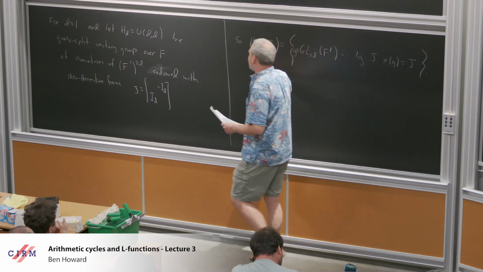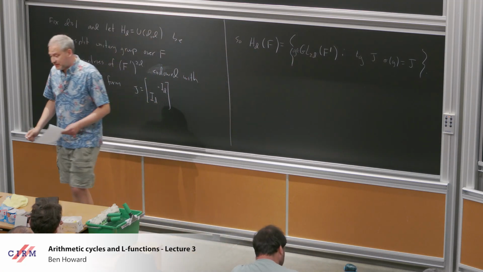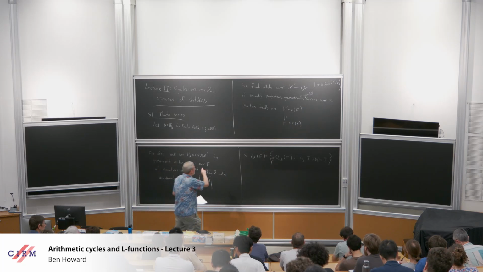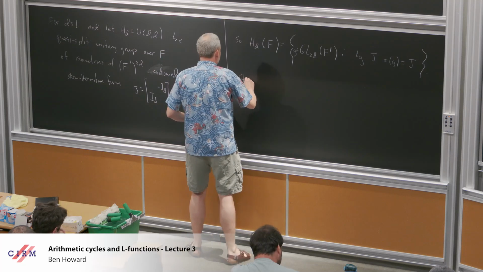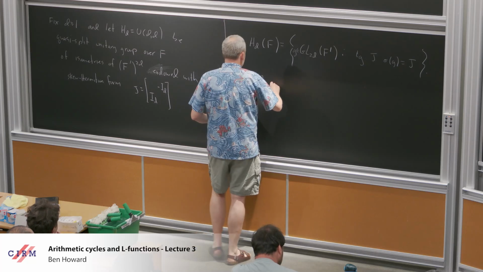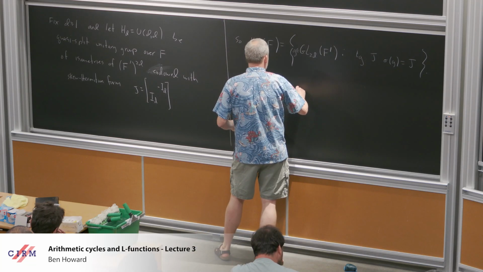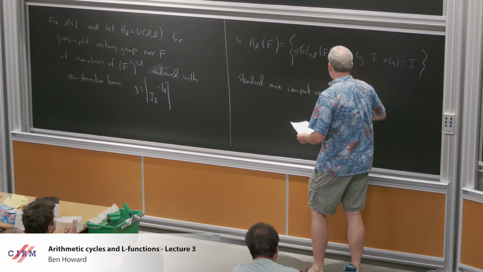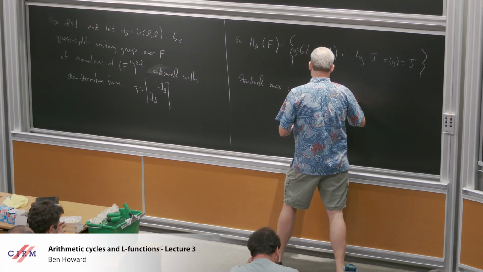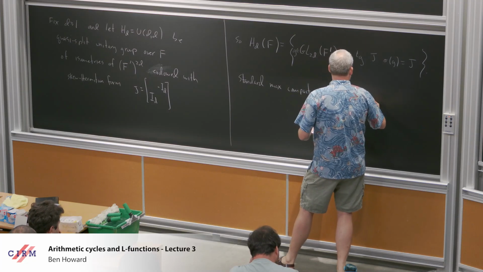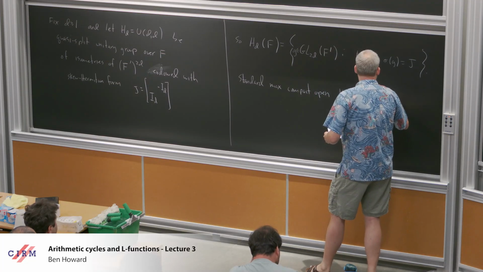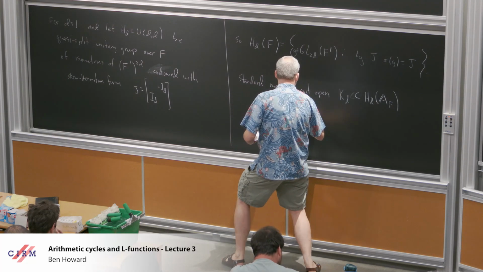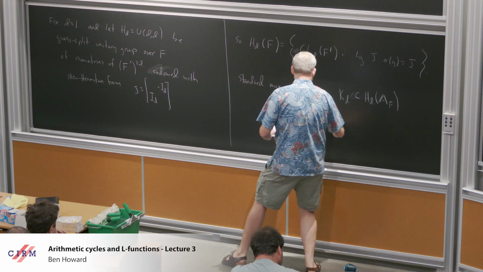So I really want to think of my quasi-split unitary group as living inside of GL_2D, or rather its restriction of scalars. And in particular, it comes with a standard maximal compact open. It's just the obvious one that it inherits from the inclusion into GL_2D. So call it K_D, inside the adelic points of F. So you just take H_D of the adeles and you intersect it.